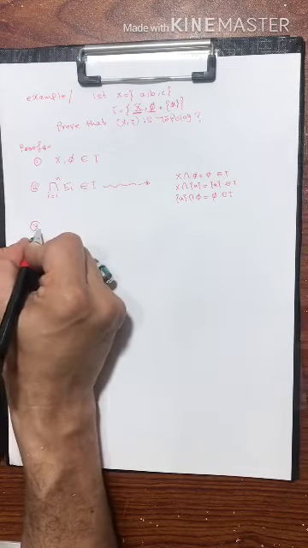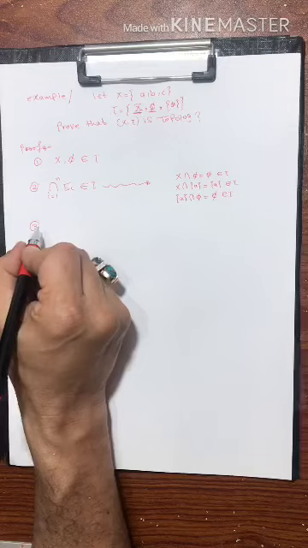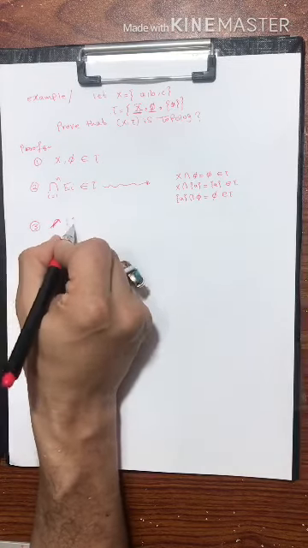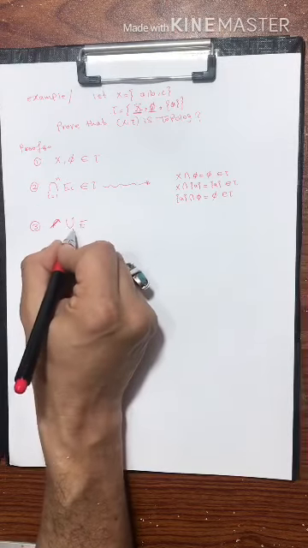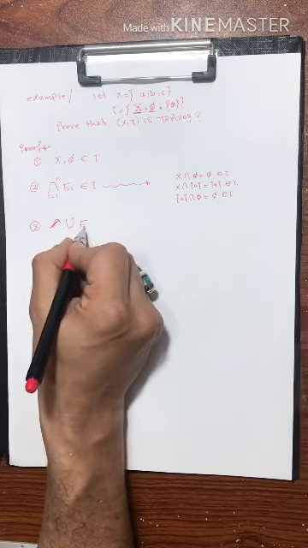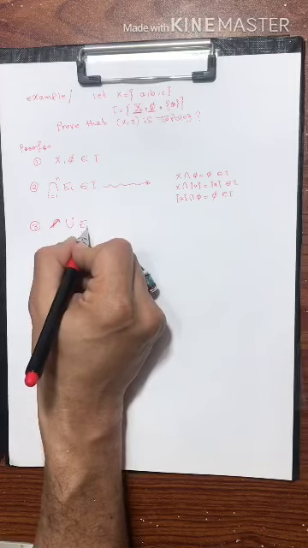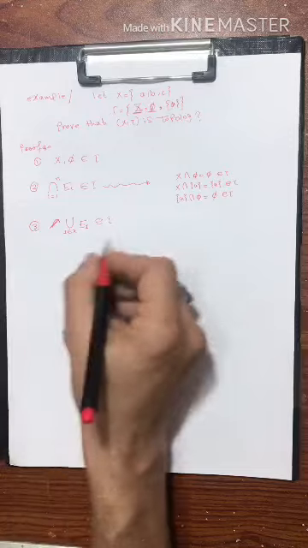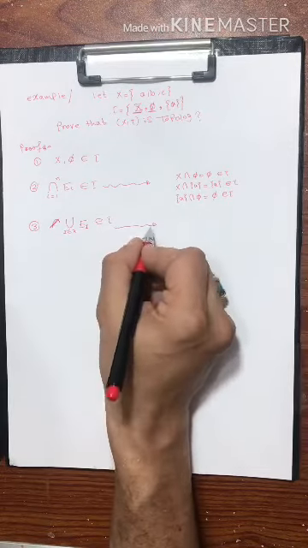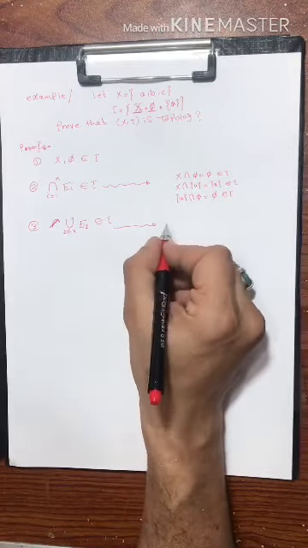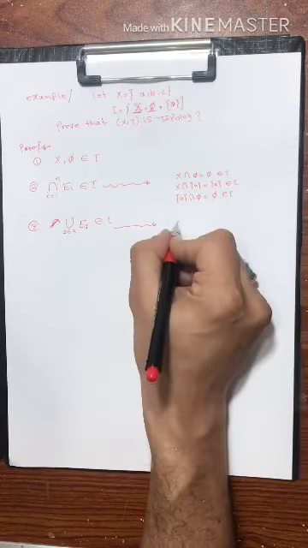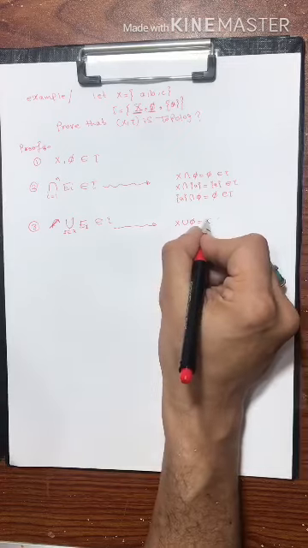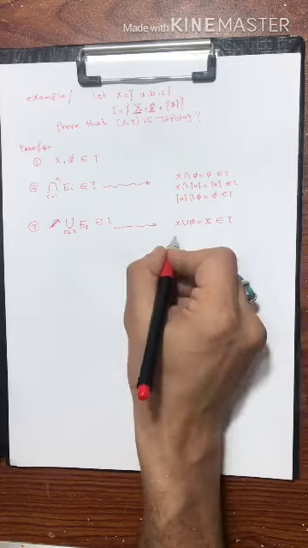Now, to prove the third condition, which says the union of all subsets, i belonging to lambda, must belong to tau, we will explain this condition here too. Take X union phi equals X, and X belongs to tau.